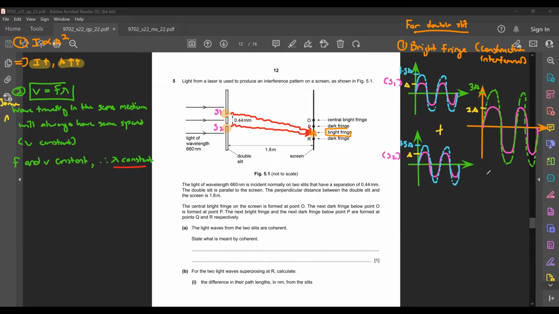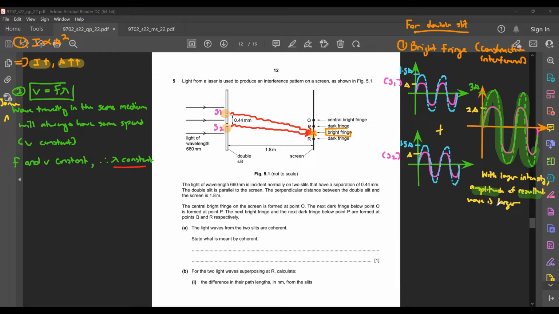This one here, I can say that with larger intensity, amplitude of resultant wave is larger. That one is actually shown by this one. And this one is, if my intensity is larger now, this one is giving me a larger amplitude.